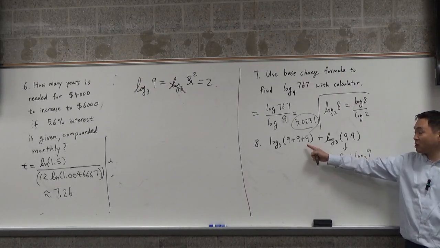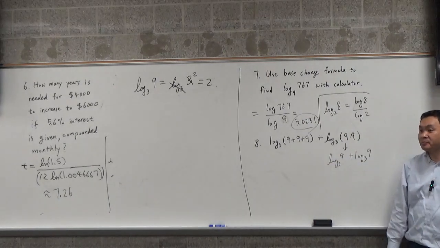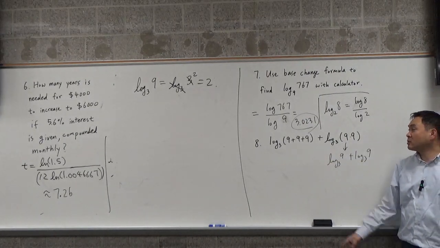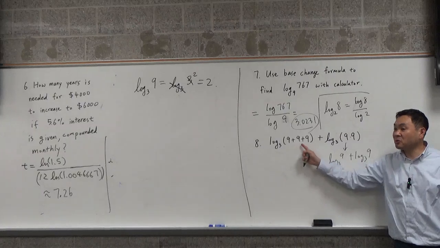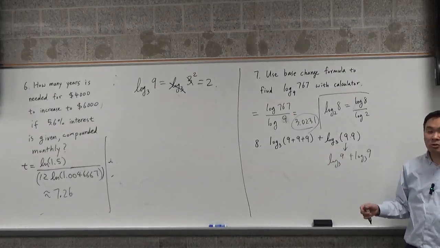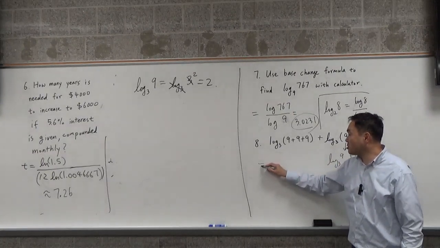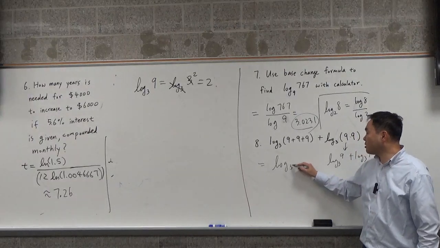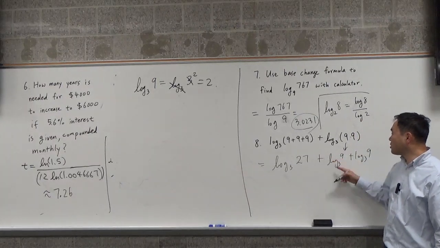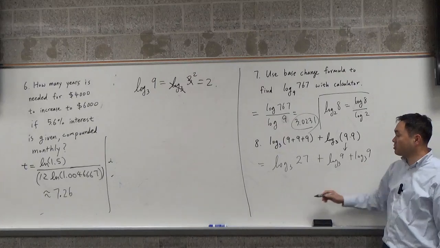Instead, how should you calculate this one? You have to do this first. 9 plus 9 plus 9, what's that? 27. So this is going to be log base 3 of 27 plus log base 3 of 9, log base 3 of 9.